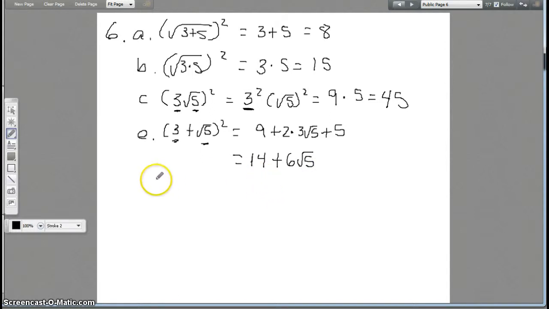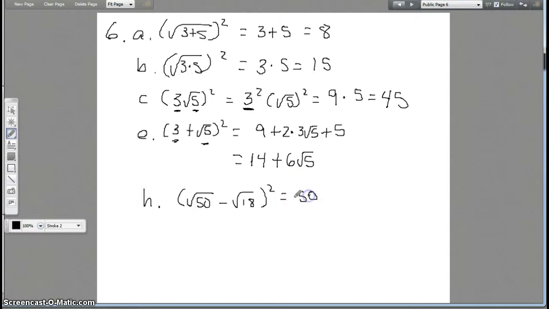Let's look at one more, part H. Part H says square root of 50 minus square root of 18, and we're going to square the whole thing. Okay, remember, we can't just square the first term and square the last term and say that's it. We square our first term, square root of 50 squared is 50.